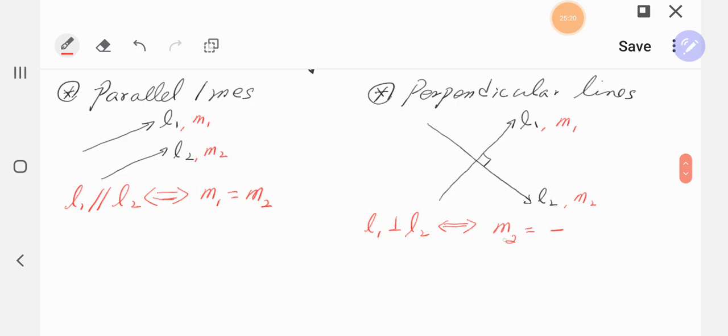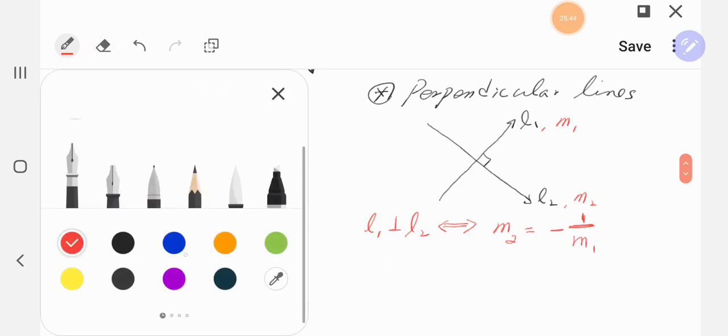If m1 is positive, then m2 should be negative. So multiply by negative, and the rise over run is reversed, a reciprocal. So you can write it like this: the negative reciprocal of m1.